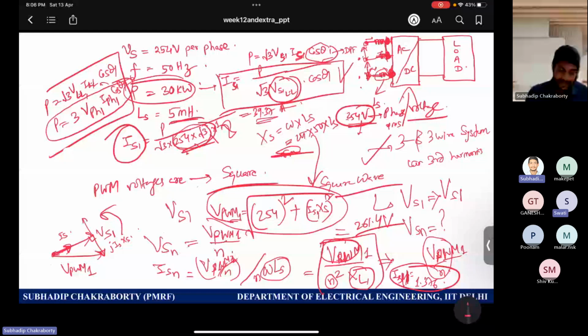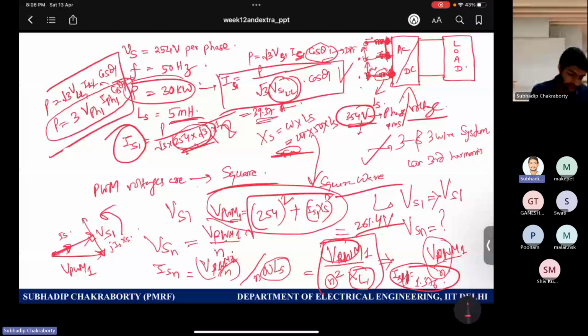So it is nothing but I11 square plus the others, the square root of the sum of squares. You do up to I25, take the allowed harmonics, and divide by IS1, the fundamental RMS. Take VPWM1 common, and then 1 by n square XLS.